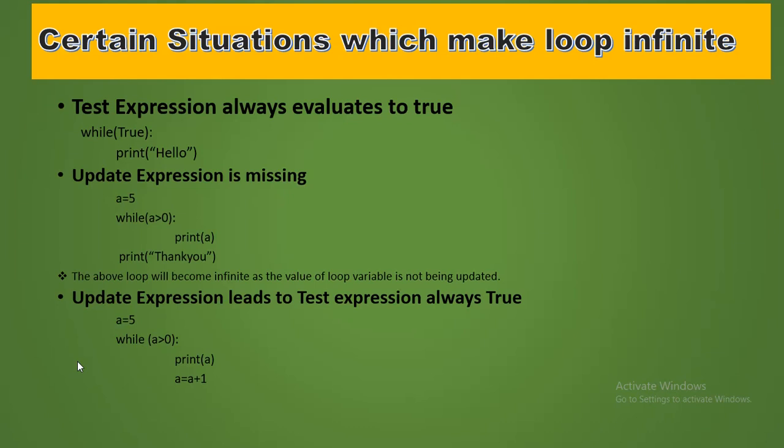Next time it will have the value 6, so 6 is also greater than 0. Next time 7 is also greater than 0, and it will continue up to infinite times, as infinity is also greater than 0. So the test expression will never evaluate to false. It will always remain true. That's why the loop will become infinite. So here are the three scenarios through which we can make our loop infinite.